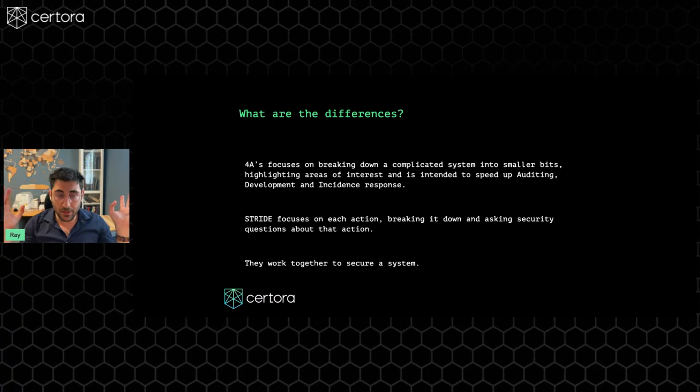If there's a sudden vulnerability or attack, it should highlight what those are. STRIDE focuses on breaking down each action to make sure that action is as secure as possible. Together you get a much more secure and complete system.